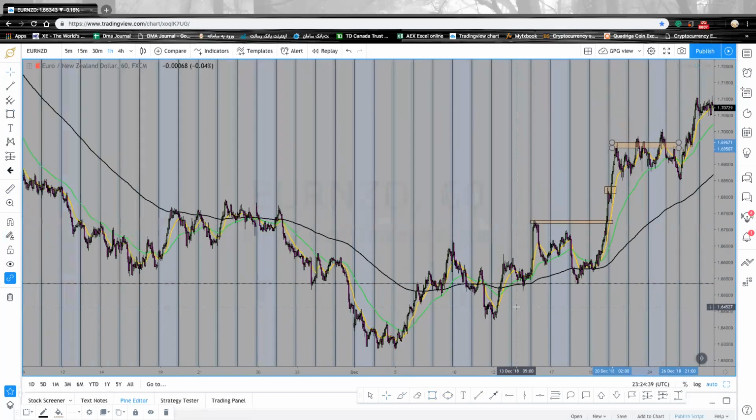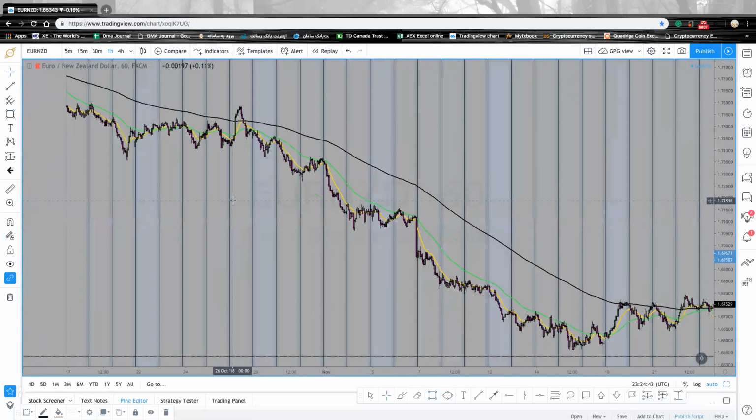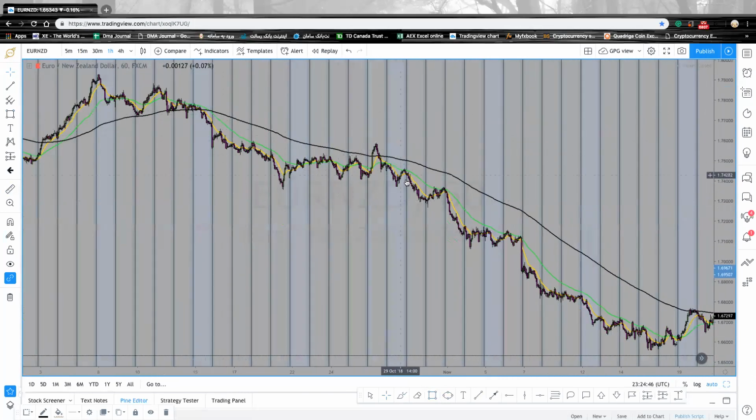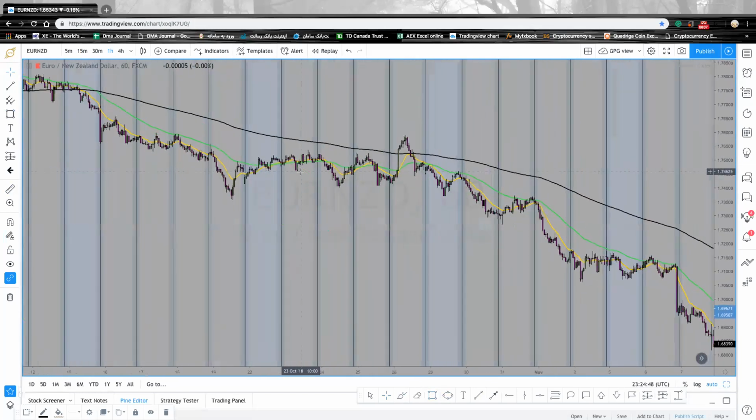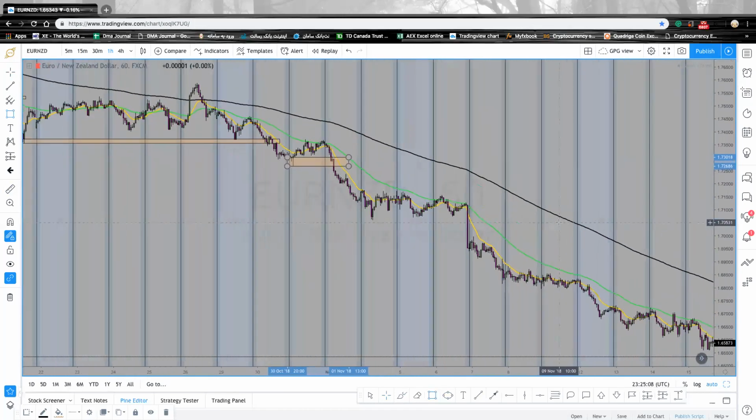Okay, that's pretty much it. The wick fill needs a lot of factors so you understand. When the market is in a condition like this, every single wick will get filled no matter what. This wick filled, filled. This one filled.